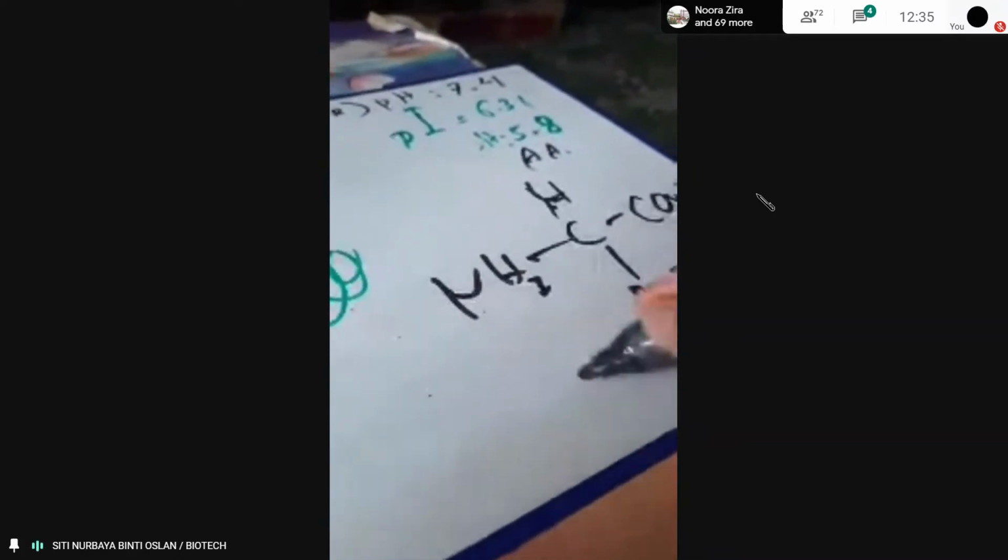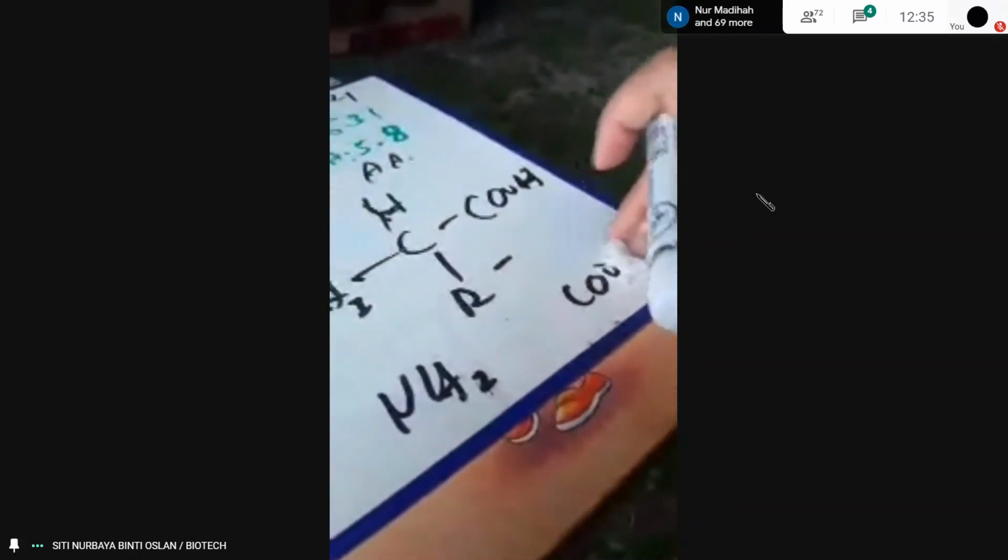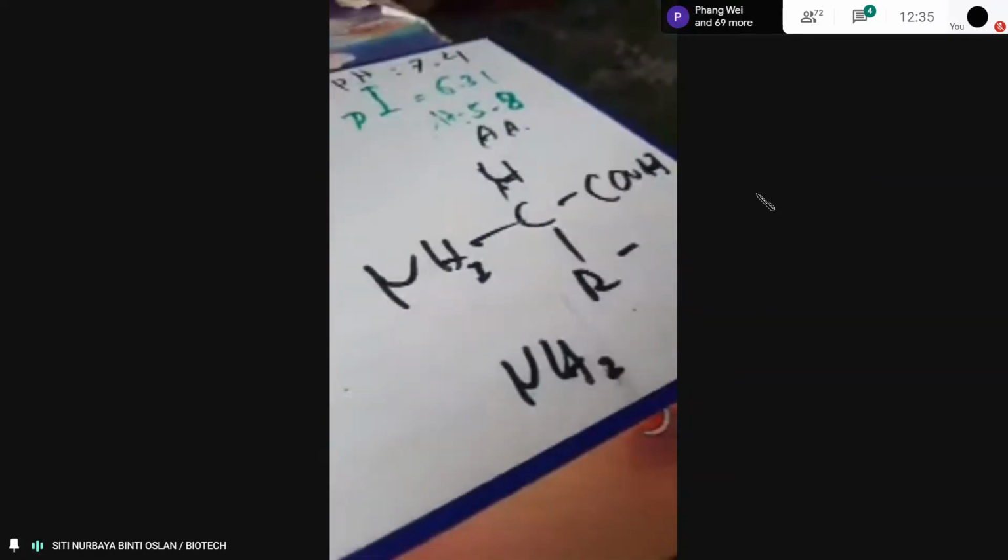Okay. So if it is lysine, the NH3 plus will turn out to be NH2. Or the COOH will become COO minus. Yeah, the R group with COOH is for aspartic acid and glutamic acid.